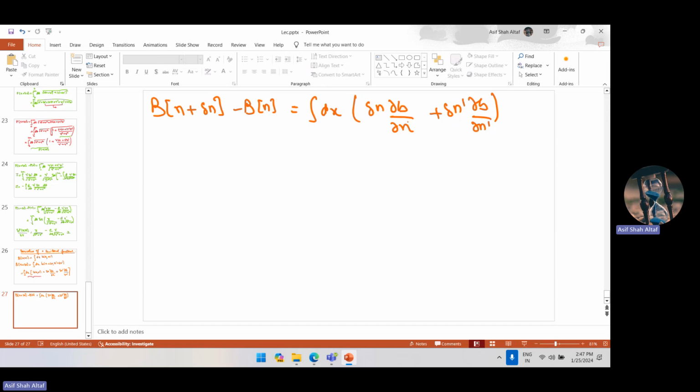Now we need to bring it in the form that we were talking about. So we need dx, which we already have. We need delta n. So we have it here, but we don't have it here, so we cannot pull it out.